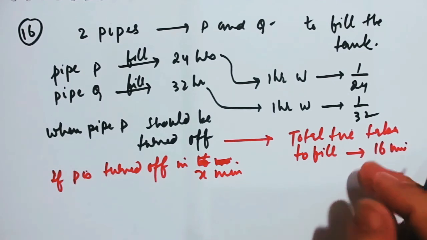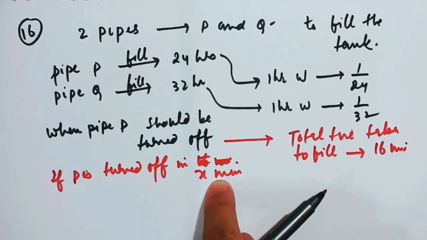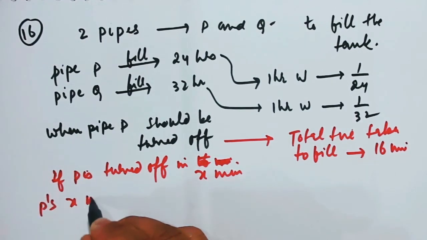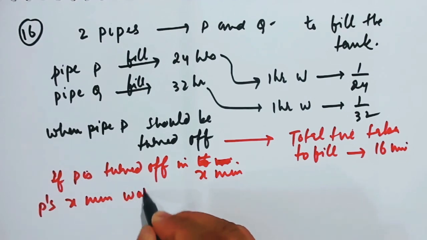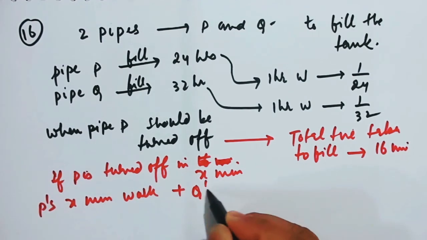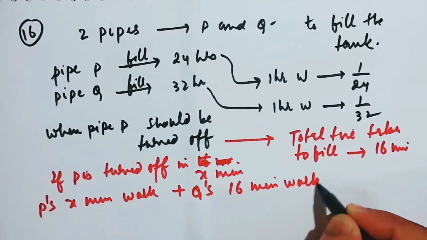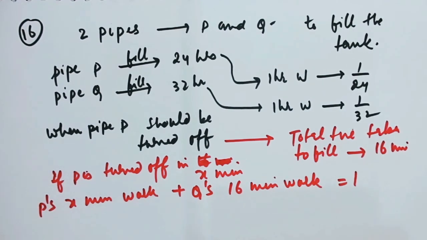Try to understand this. Therefore P's x minute work plus Q's 16 minute work is equal to 1.